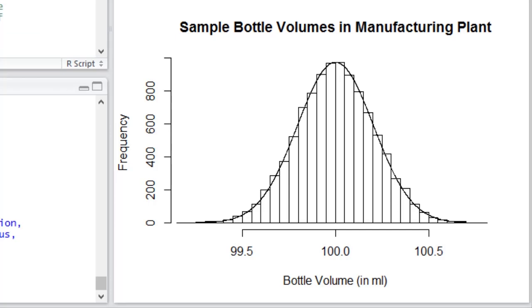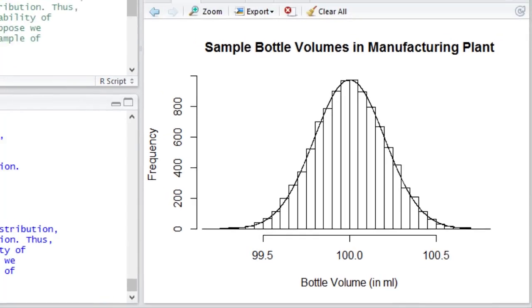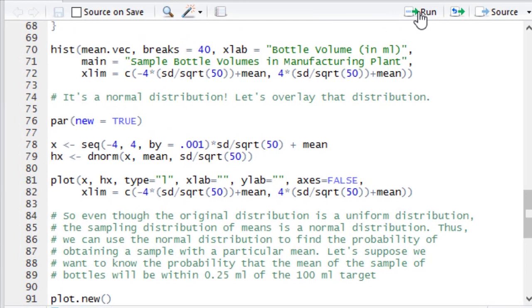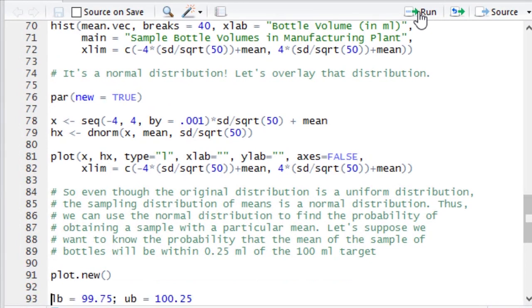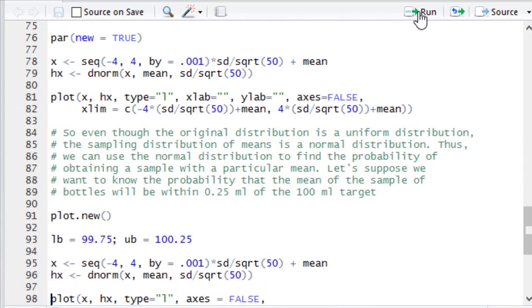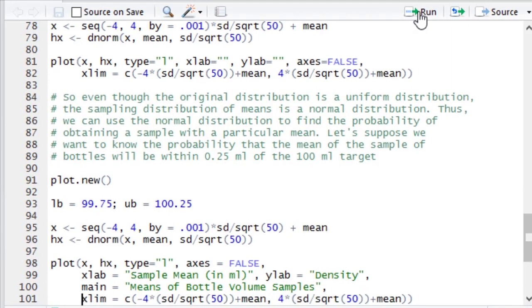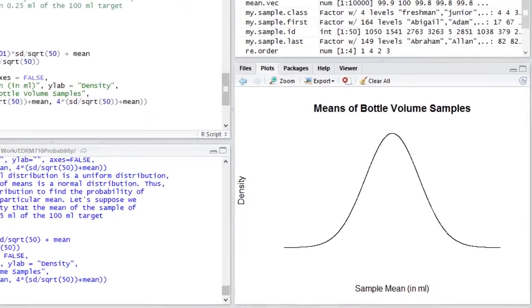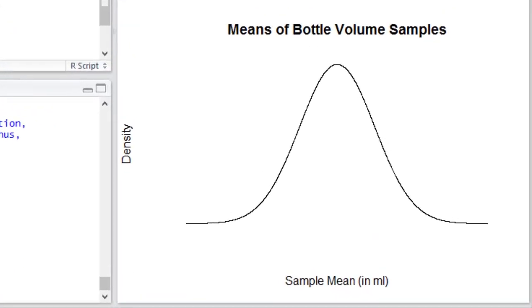Let's suppose, for instance, we want to know the probability that the mean of the sample of bottles will be within 1/4 of a milliliter of the 100 milliliter target. So let's draw that picture. There's the normal distribution for the means, not the original scores, because the original volumes are a uniform distribution, but the means follow a normal distribution.